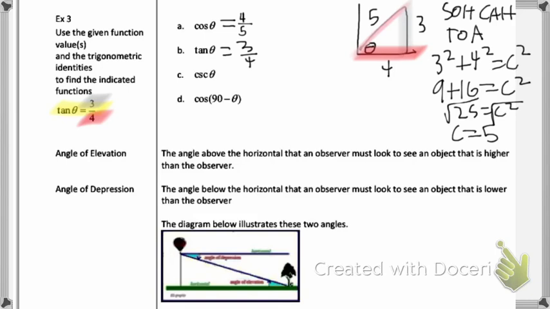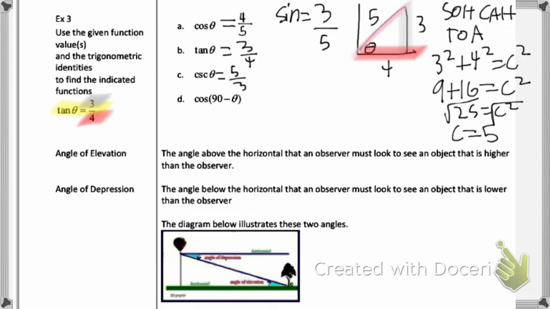Cosecant of theta. Sine of theta is opposite over hypotenuse, so that's 3/5. But it's asking for cosecant of theta, so you just do the reciprocal of 3/5, which is 5/3.